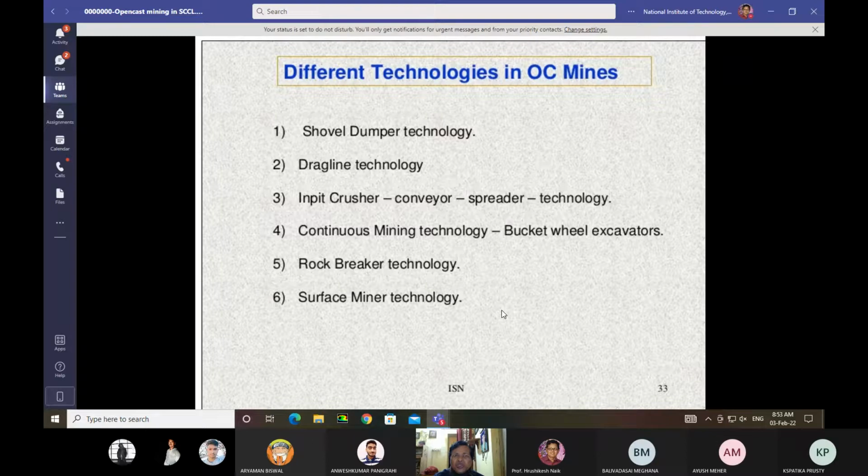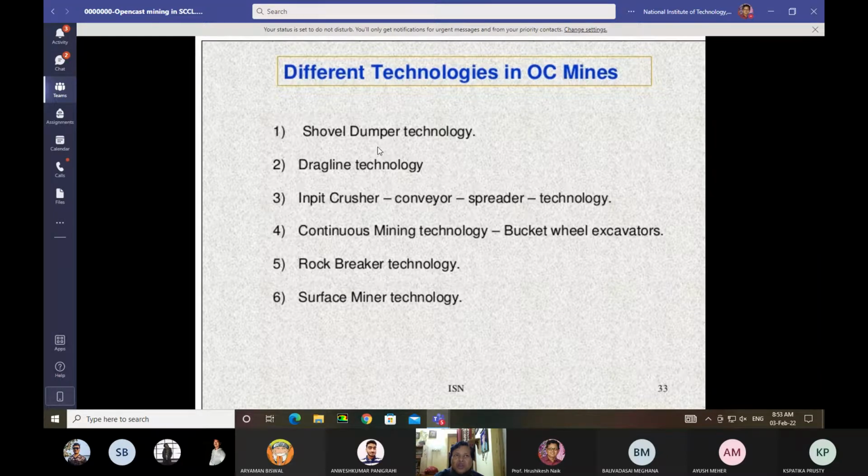So if you see the previous classes, we have already discussed the surface miner technology. We have also discussed the rock breaker technology, bucket wheel excavator technology, in-pit crushing, conveying and spreading technology, and dragline technology.